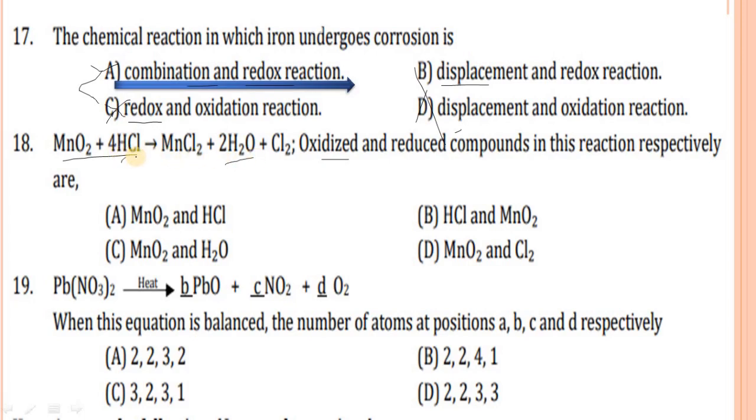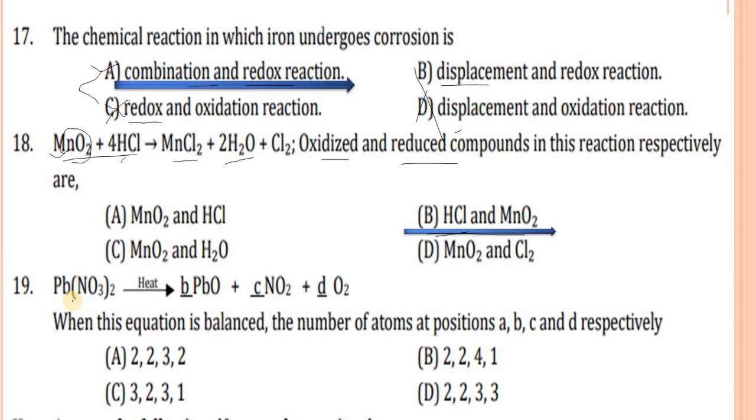So HCl will be oxidized, which is given in option B. In the reduction reaction, a reactant loses oxygen, meaning here manganese oxide loses the oxygen atom and forms manganese chloride. So if you see the B option, HCl and MnO2 is given. So this will be the right answer.